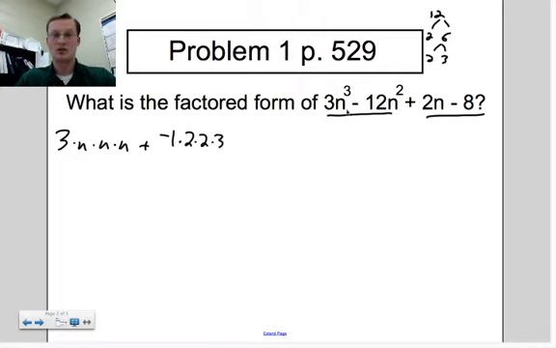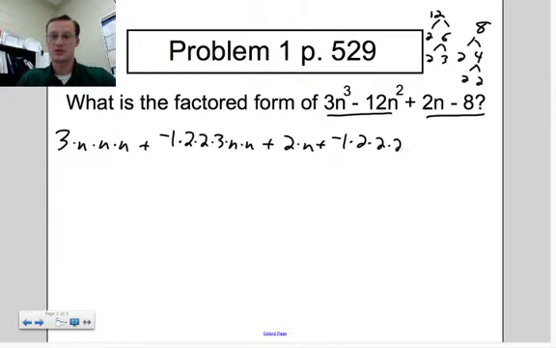And then there are 2 n's. Then plus 2 times n, short factor list there. I'm going to say plus negative 1 times 8, which is 2 times 4, and 4 is 2 times 2. So 2 times 2 times 2. The reason that's helpful is that now I can go through and see very easily what they have in common.